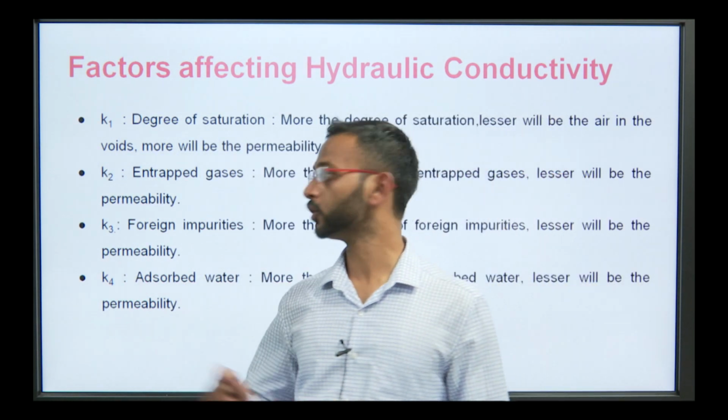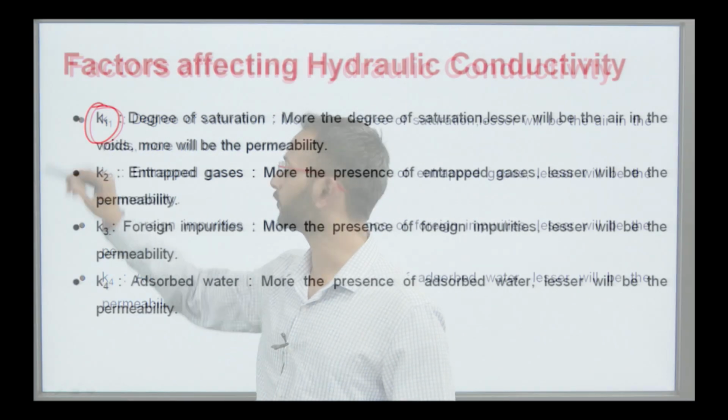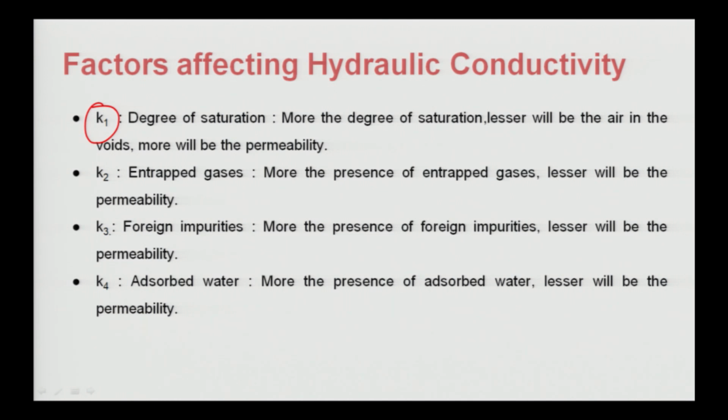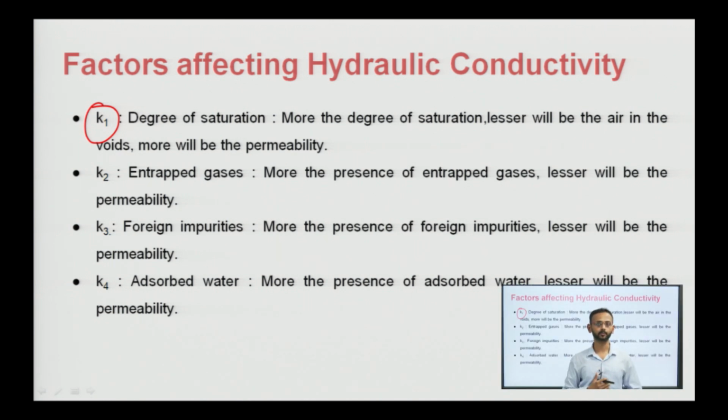Understand here, when we talk about this K1, just listen carefully, we are talking about the passage of water. If there is already water present, that is the saturation value is higher. So, let us say there are voids and there will be solids. So, voids can comprise of what?